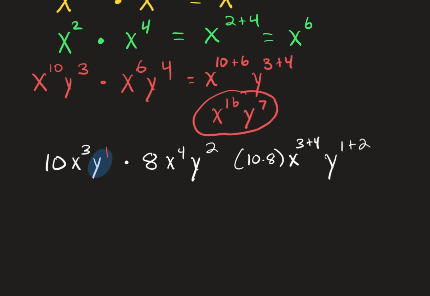What's 10 times 8? 80. How many x's do we have? 7. Y to the 2 plus 1 is 3. That's okay. It's all right. 3 plus 4 sometimes equals 5 in somebody's world.